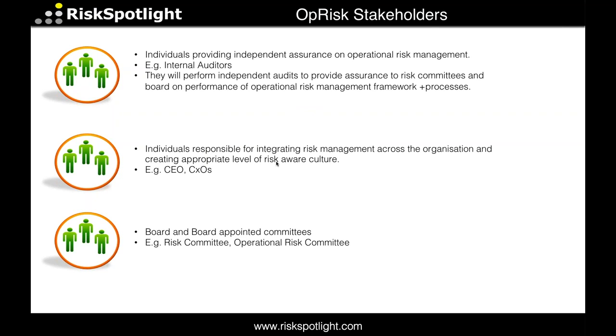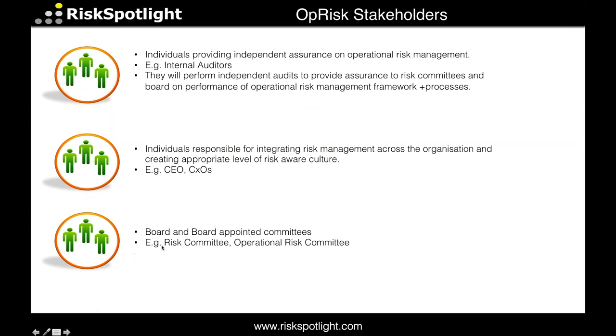These individuals are important stakeholders because they drive that culture, whether the first line in the business units will take operational risk seriously as part of their day-to-day job, or will think, oh, operational risk is something we do once every 6 months or once a year, and then I do my day-to-day job. So these individuals have that responsibility to drive that culture, so people are managing operational risk as part of the day-to-day job and not once a year.